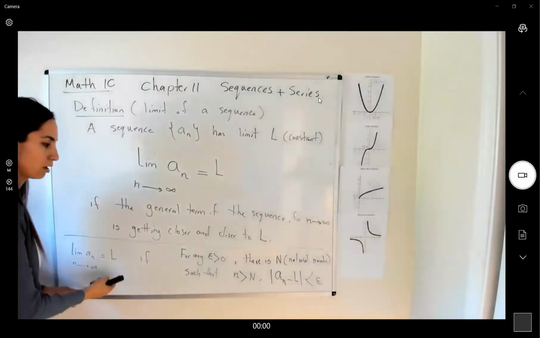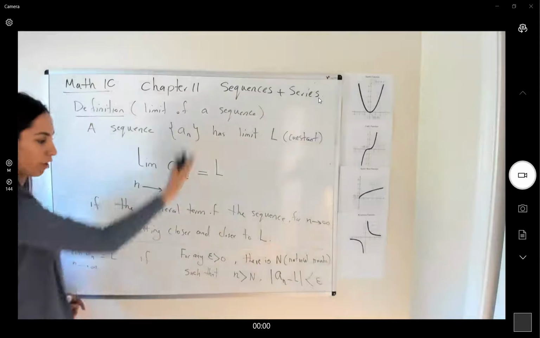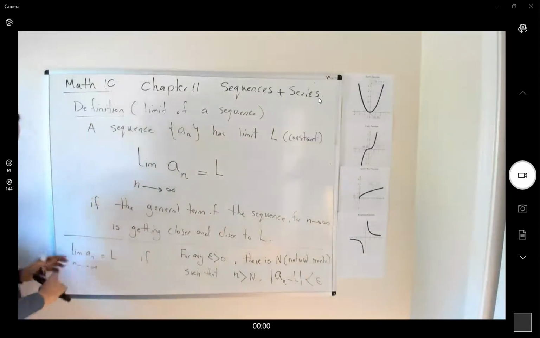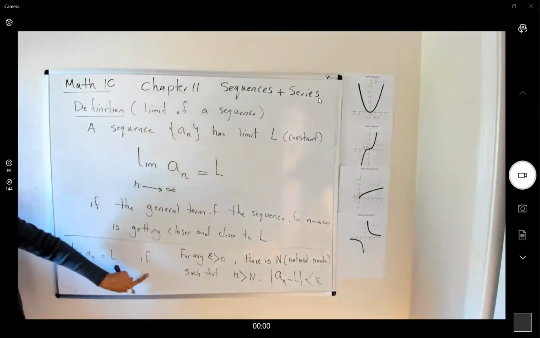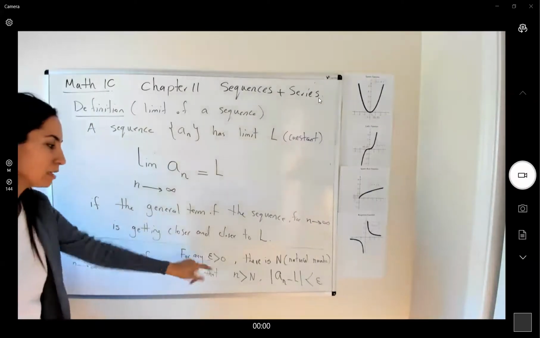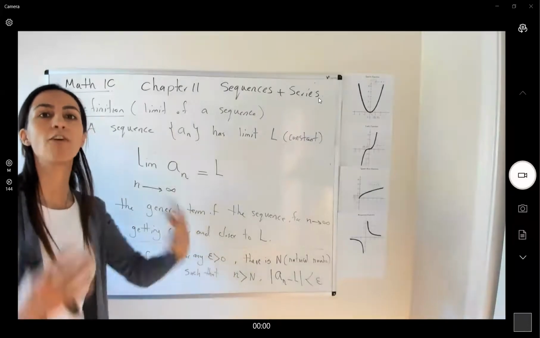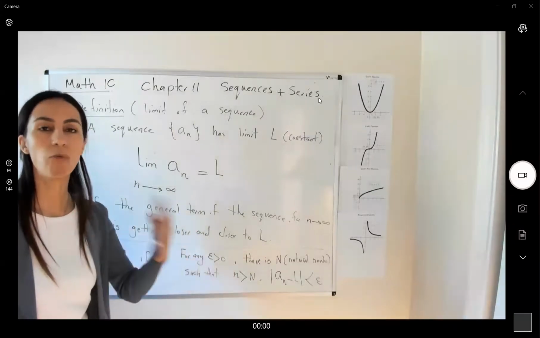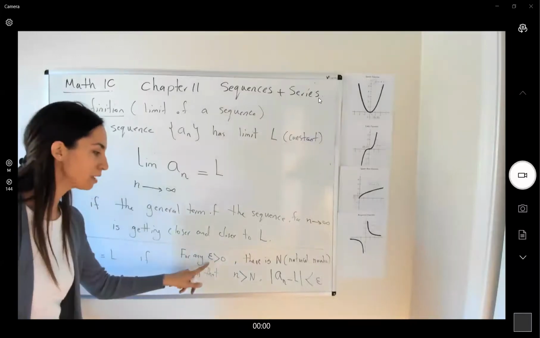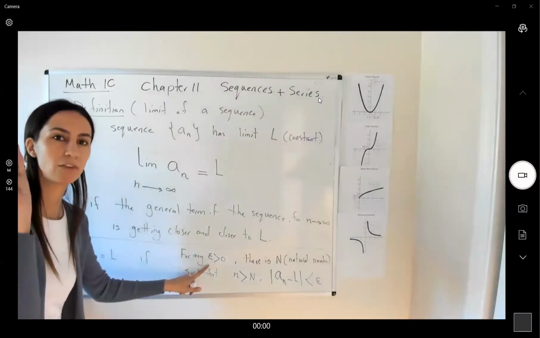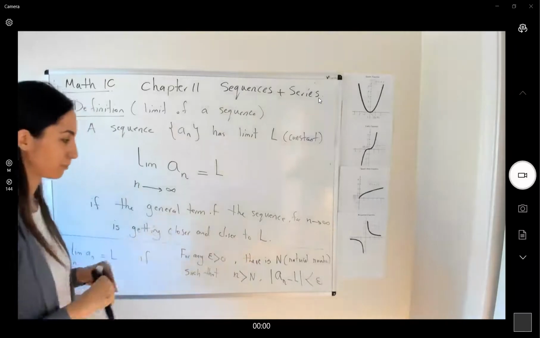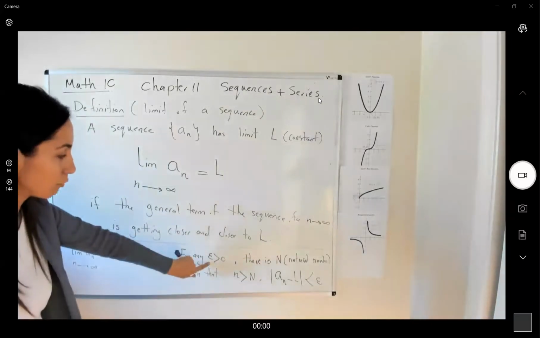In mathematical format, we define the limit this way. We say that the limit of a sub n while n goes to infinity is L, a constant, a number, if you take any small number, 1 over 1,000, 1 over 10,000, 1 over 1,000,000, epsilon is a very small value on the y-axis.